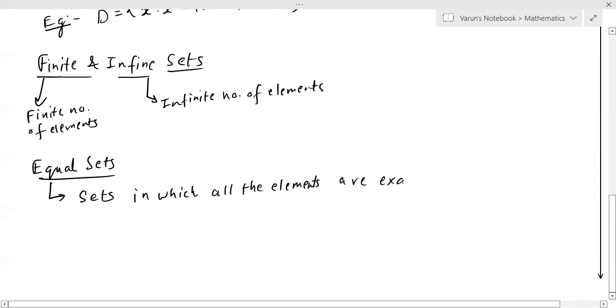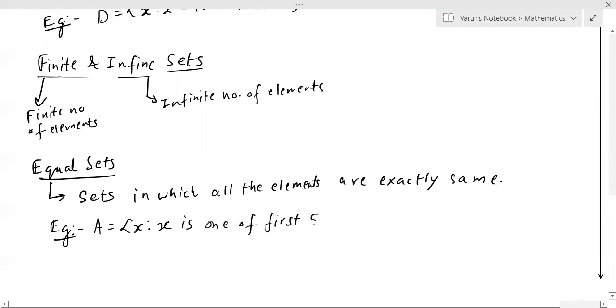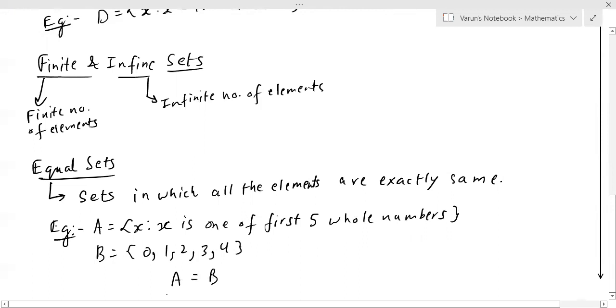So for example, I can say set A is equal to X, X is one of the first 5 whole numbers. And then I can write another set B in roster form: 0, 1, 2, 3, 4. So I can say set A is equal to set B, right?